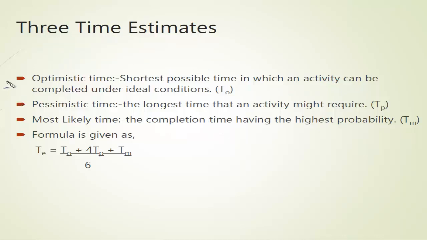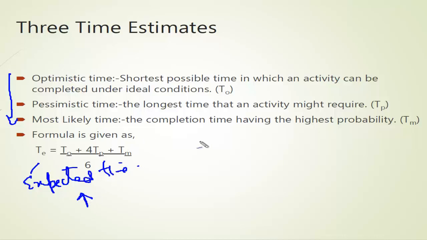Using these 3 times we calculate what is called the expected time. This is our expected time, which is again kind of an average, the time which is most likely to happen, in between all of these, and highly likely to be the time taken by an activity.